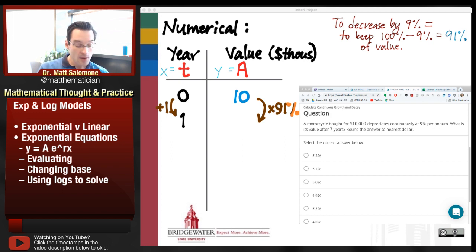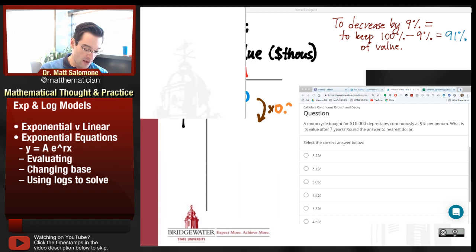So to turn 91% into a number that I'm capable of dividing or multiplying by, I need to change that percent sign into division by 100. Another way to do that would just be to take 91 divided by 100, which is 0.91, and make that the decimal by which I am going to end up multiplying here. So times 0.91.